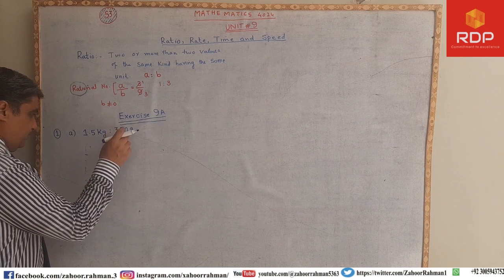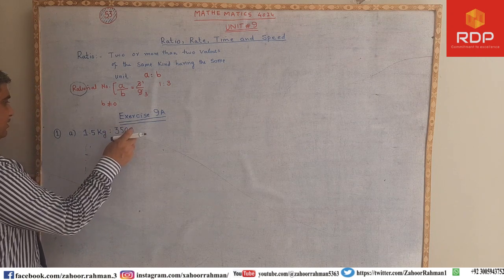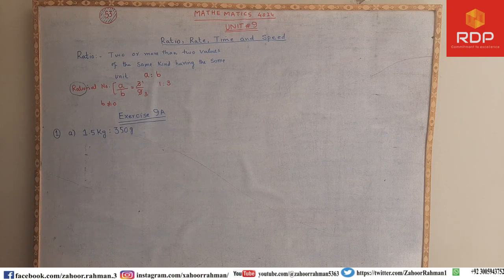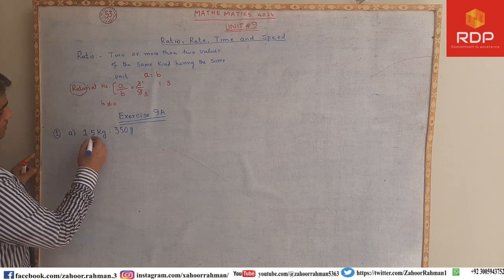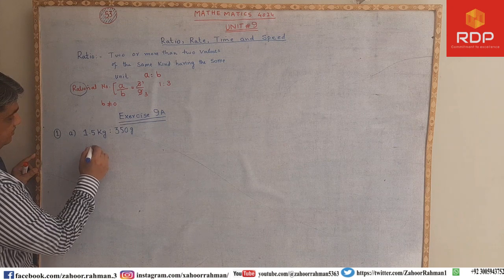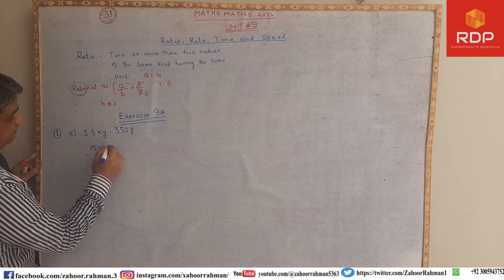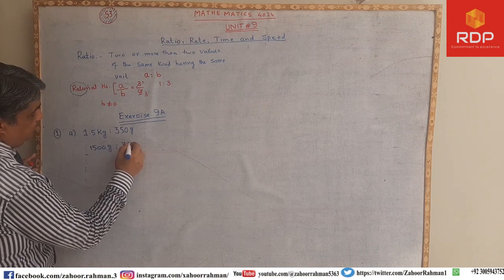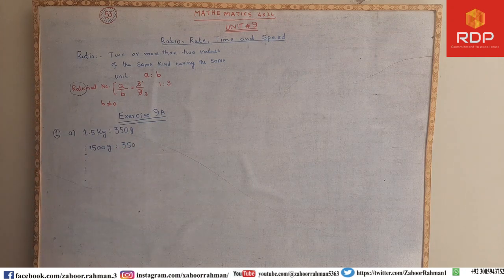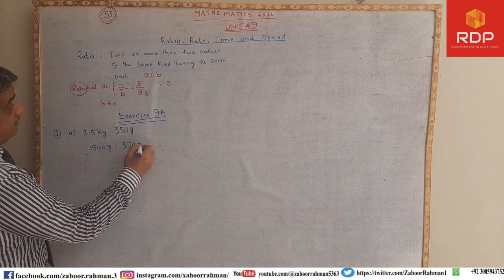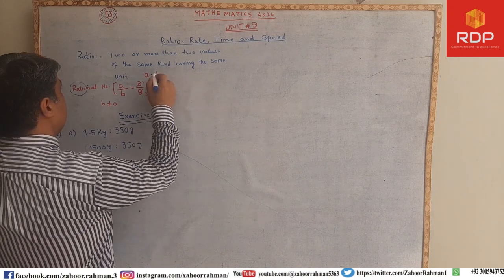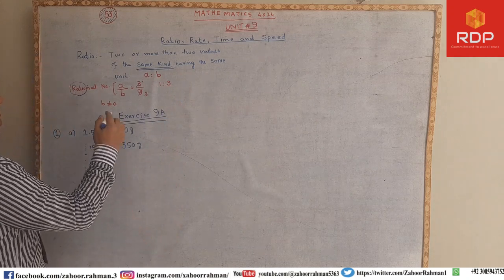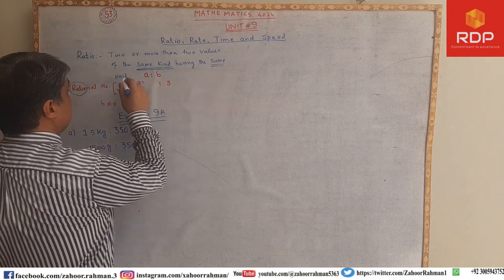Either we have to convert this to kilogram, or we have to convert this to gram. So this is easy. This is equal to 1500 gram ratio 350 gram, because I told you that same kind is necessary, which is having the same unit.